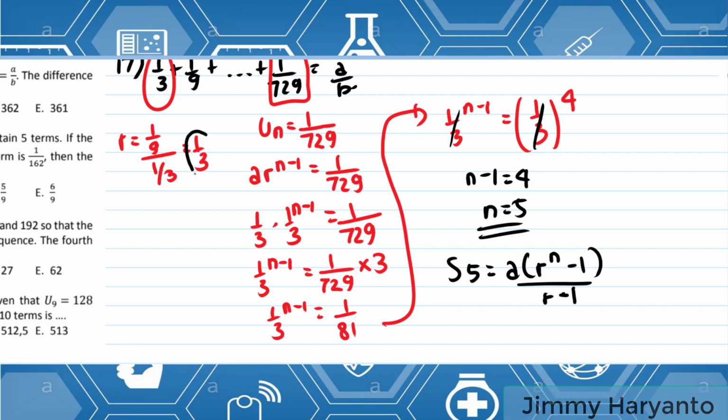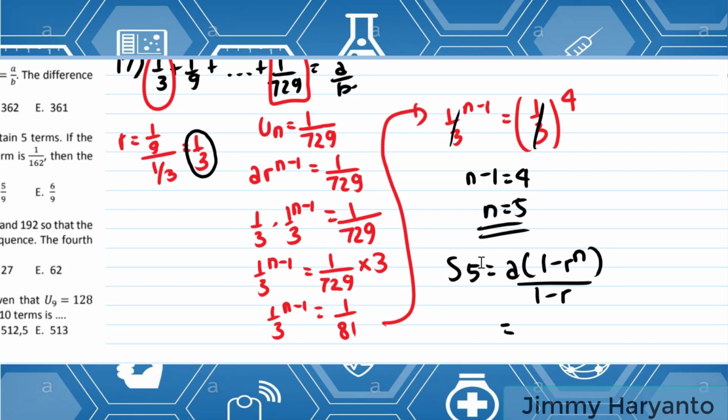The ratio is 1 over 3, less than 1, so we have to use the other formula, 1 minus r to the power of n over 1 minus r. A nya itu 1 over 3. 1 over 3 in the bracket 1 minus r, r is 1 over 3 to the power of 5, over 1 minus r.